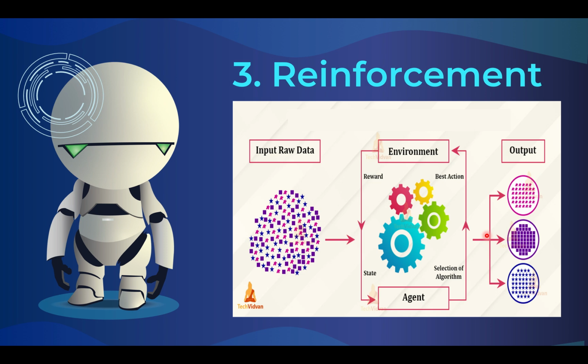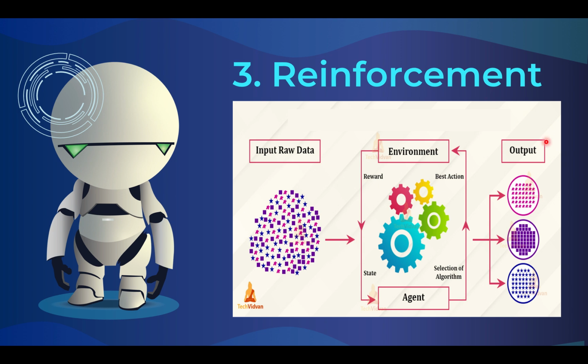Now in reinforcement learning we have some raw input data, and then the AI agent, like the self-driving car, the robots, and the AI-based games, learns from the environment, gets rewards, and checks whether an action is good or bad, and upon this it improves its performance.